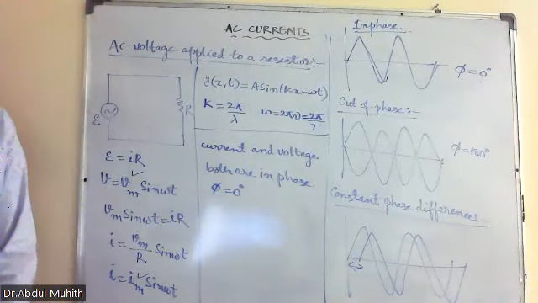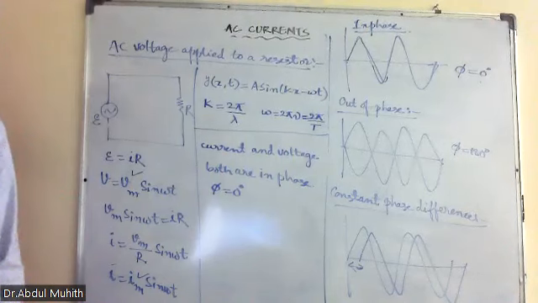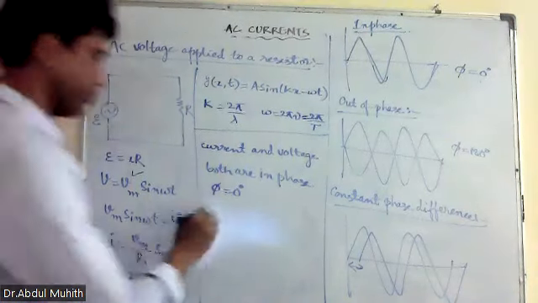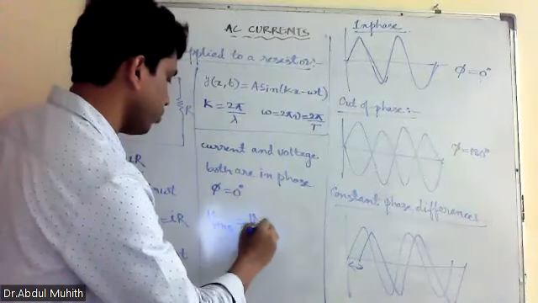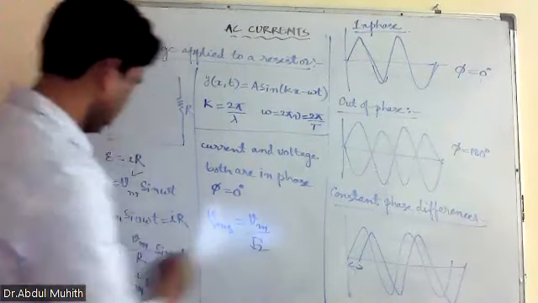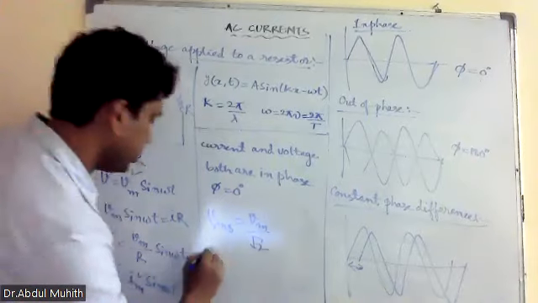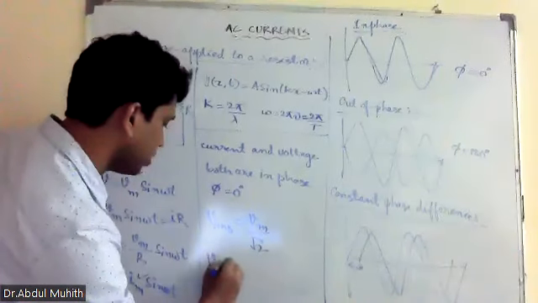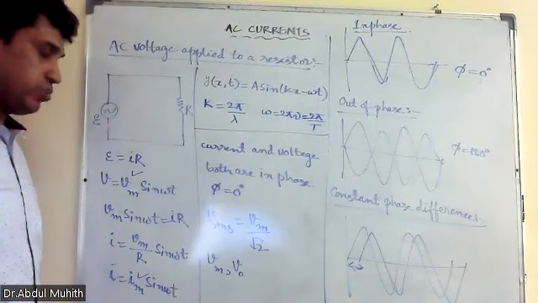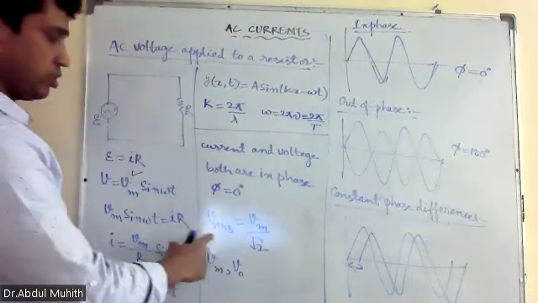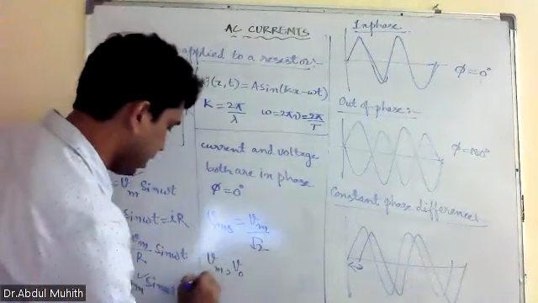Okay. Now we have one more formula. What is that? Vrms. Vrms is equal to Vm by root 2, or V0 by root 2, whatever it is. In some books it is Vm, in some books it is V0. Both are the same. So Vrms is equal to Vm by root 2. What is Vrms?